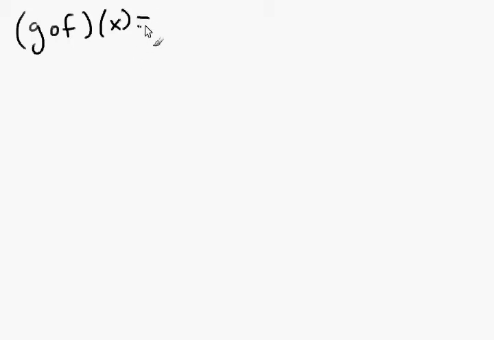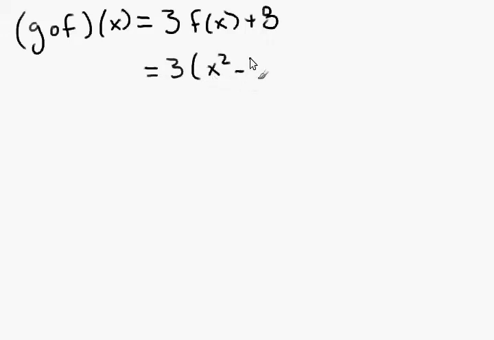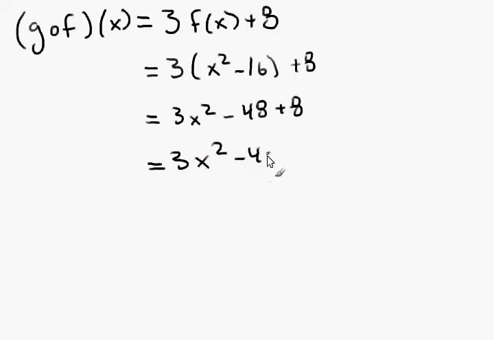Well, that's 3 times f of x plus 8, which is 3 times x squared minus 16 plus 8. 3x squared minus 48 plus 8. That's 3x squared minus 40. Important thing to note here is that this is not f of g. The order in which we compose things is important.